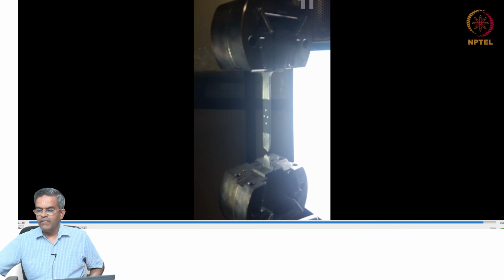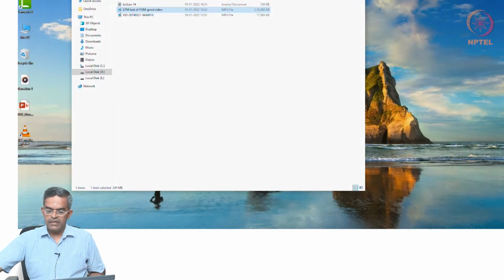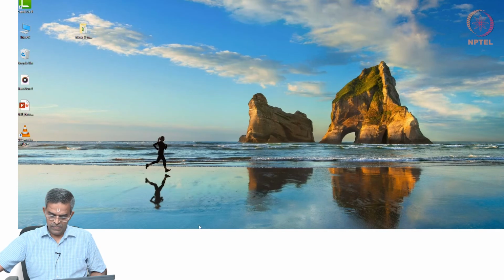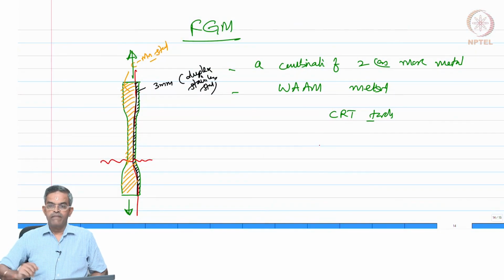So, this is a very interesting exhibit which we wanted to show you, where we have learnt the fabrication method, the constituents of FGM, and of course the testing procedure.